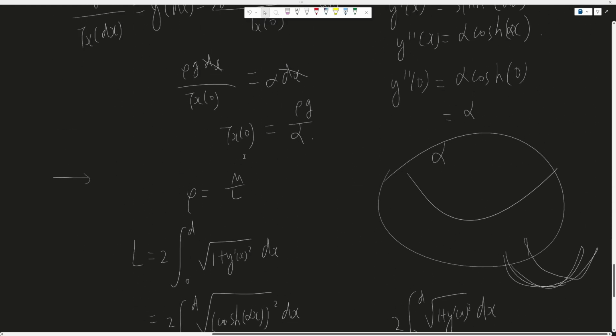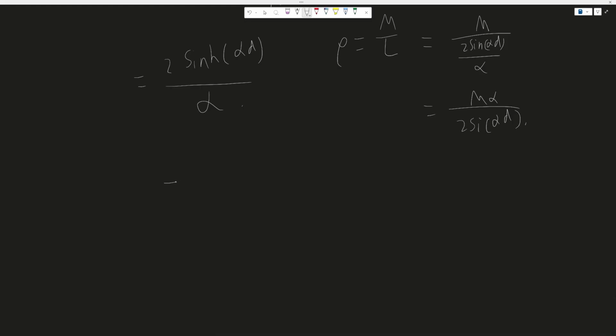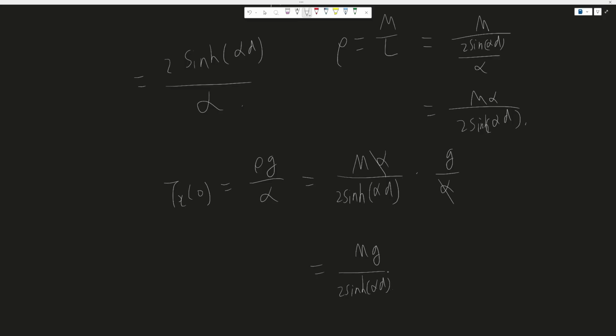So remember, T_x(0) is rho g over alpha, and then rho is m alpha over 2 hyperbolic sine alpha d, so then let's write it: m alpha over 2 hyperbolic sine of alpha d, times g, over alpha, so alpha cancels. So then this becomes mg over 2 hyperbolic sine alpha d.